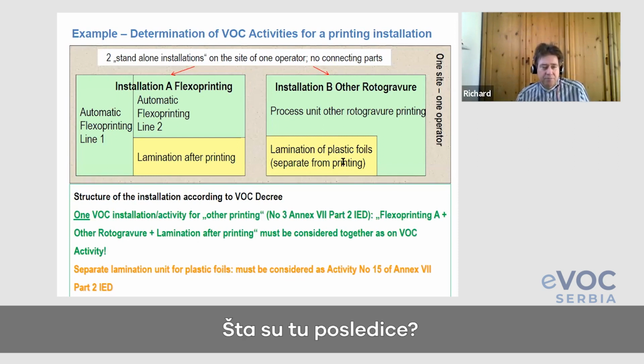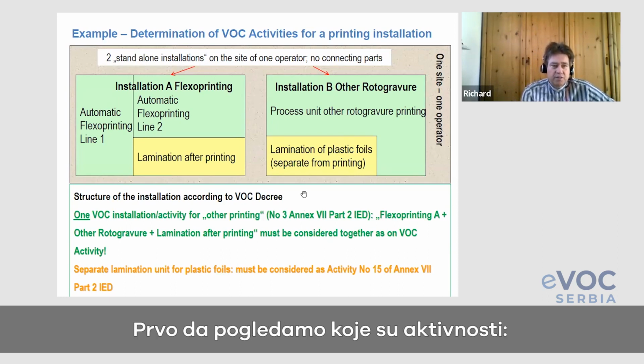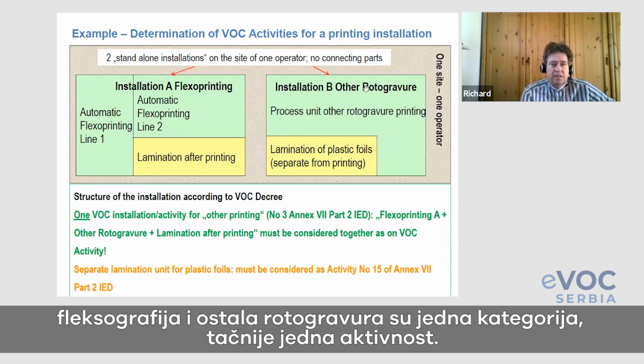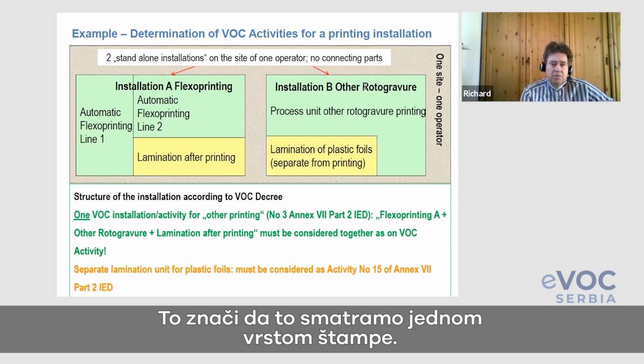In other words, what will be the consequences? First, we look in the categories. We see flexo printing and other rotogravure is one category. That means it's one activity. So we must consider this as one type of printing.